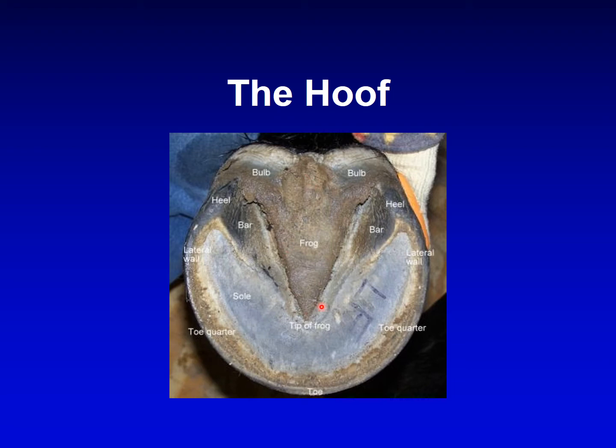Now, the wall consists of toe, which is the tip of this here, we call it the toe, and the quarter on both sides, and then we have the heels.